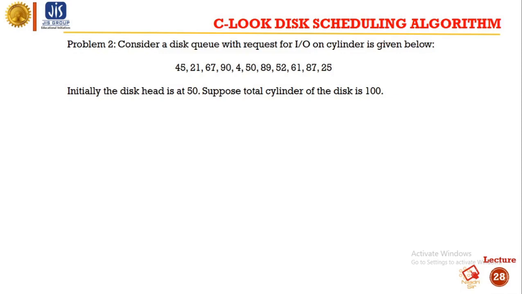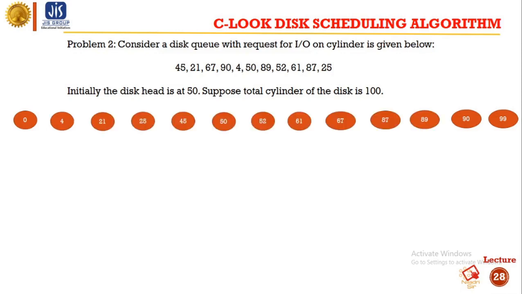So it will start from 0 and will end at 99. Okay, so the total is 100. Next, we will put all the elements in the ascending order. Okay, as you can see that we have put all the elements in the ascending order.